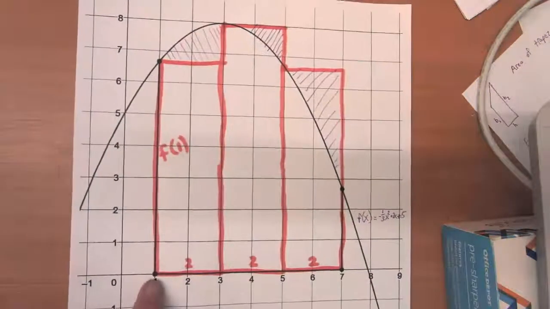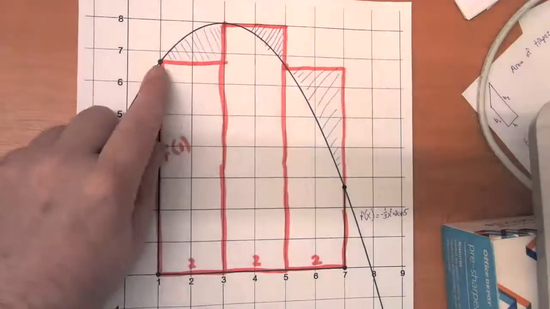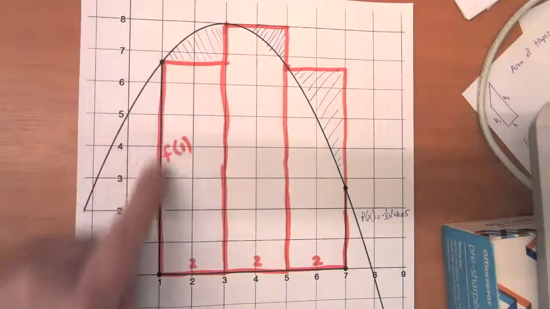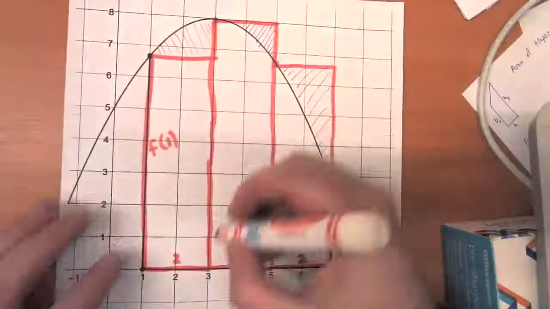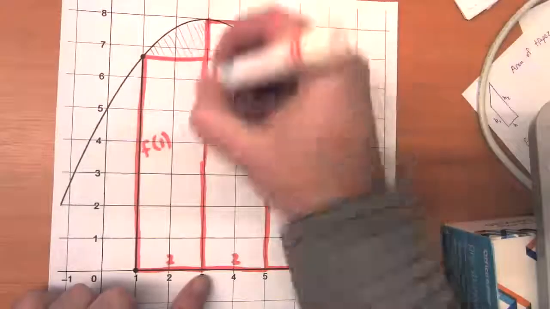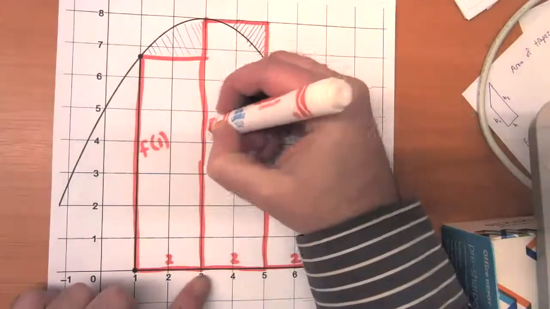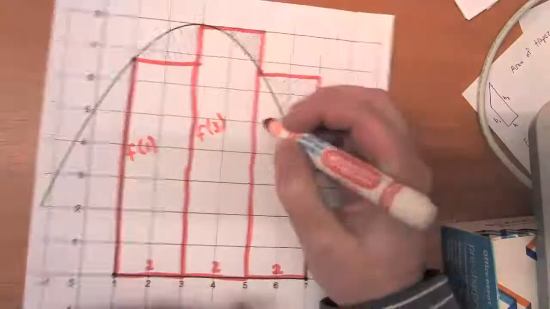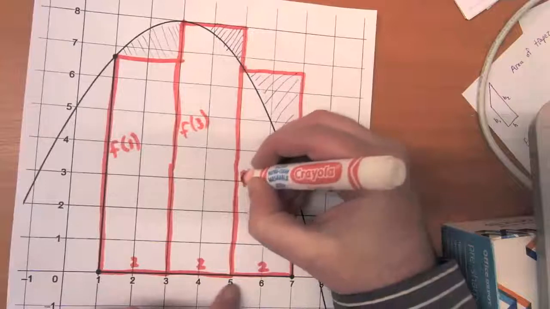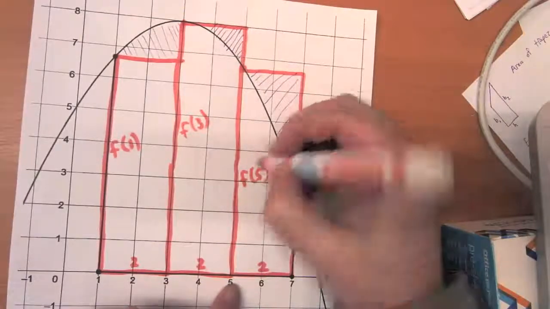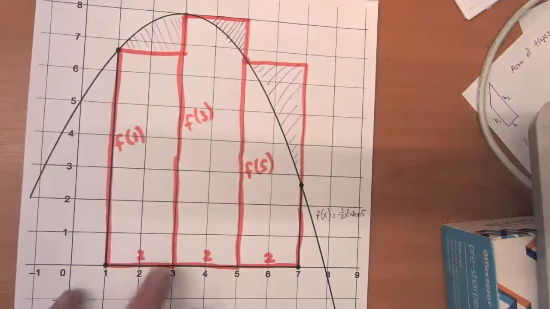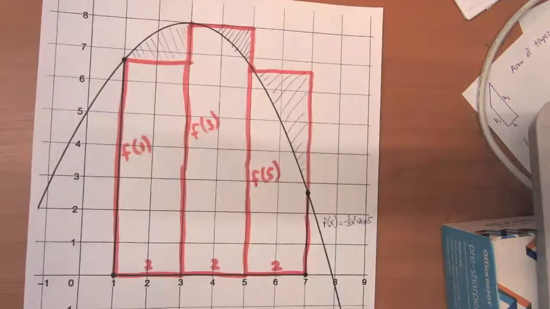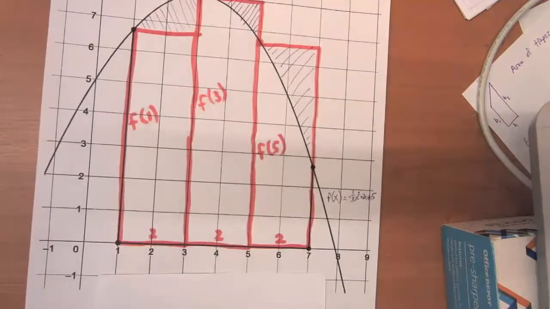So when I look at 1, the height here is f of 1, and that's exactly the height of this rectangle. In the same way, this rectangle has height f of 3, and this rectangle has height f of 5. So that's enough information right here to come up with our estimate.